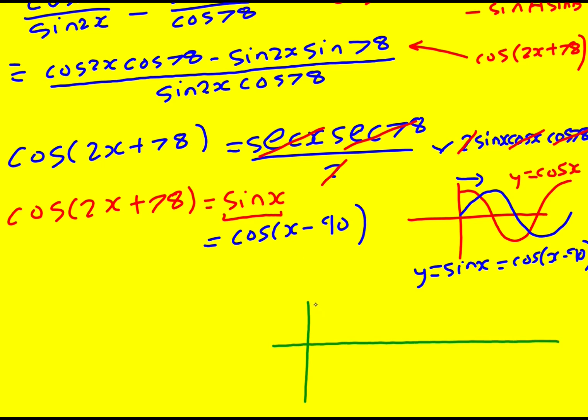Okay, I'm gonna draw a little sketch of cos x. Now, one solution I could immediately get is if 2x plus 78 is exactly the same as x minus 90. They're in the same position.